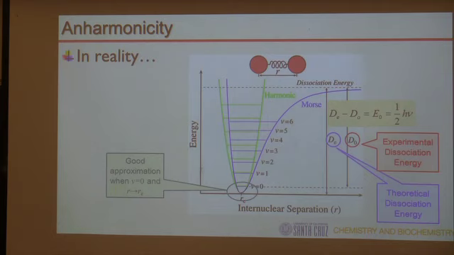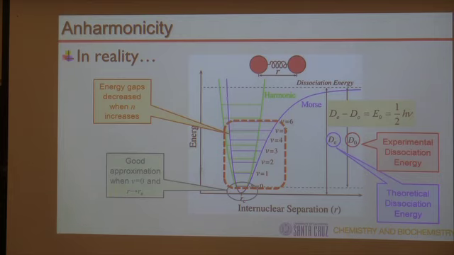With the quantum number increasing, the gap becomes smaller, reduced, like squeezed. So energy gaps decrease when n increases. This energy gap pattern is like which one we mentioned? Hydrogen atom.